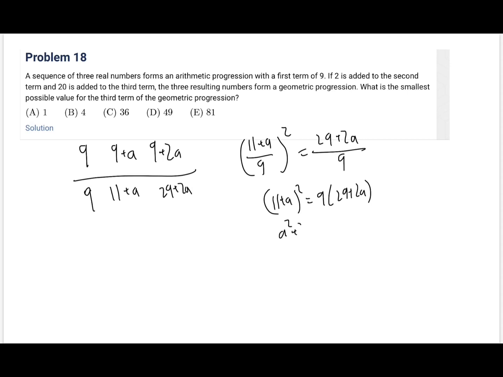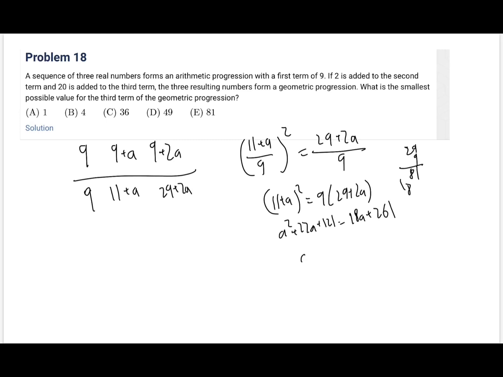So a squared plus 22a plus 121 equals 18a plus 261. 9 times 29, so it's 29 by 9, 81, 18, 261.